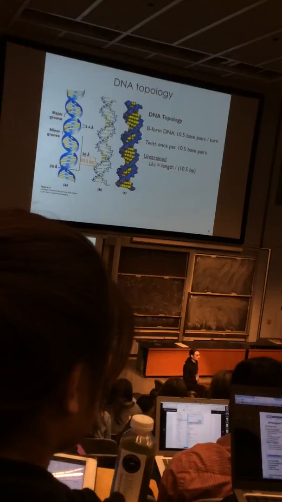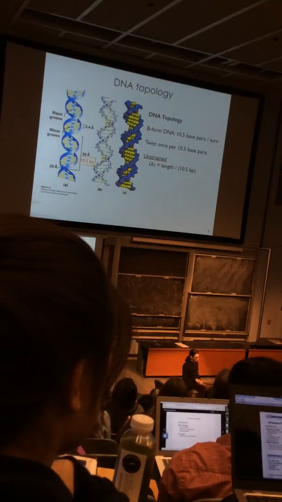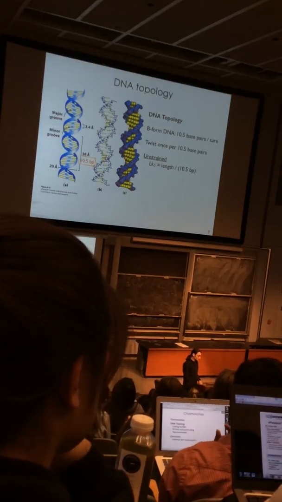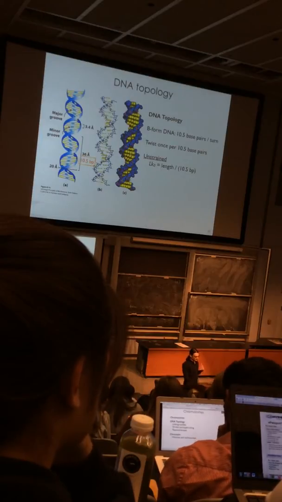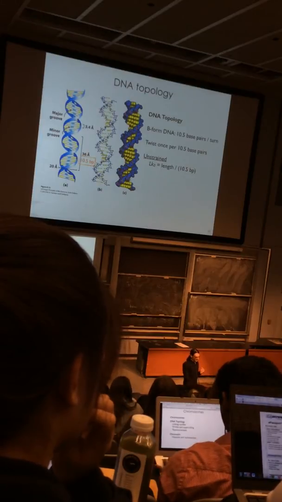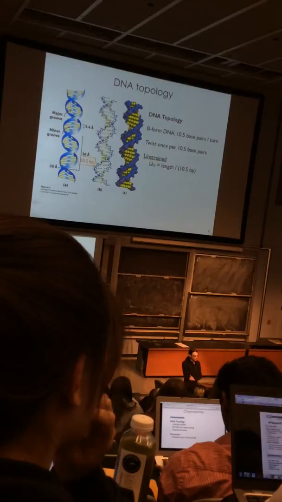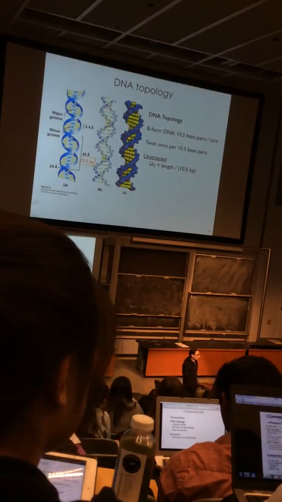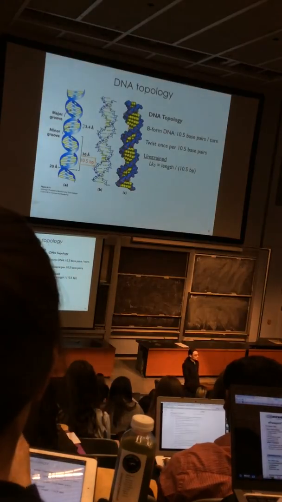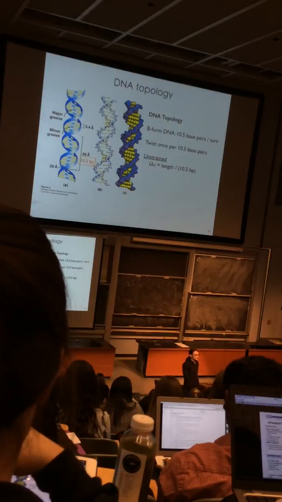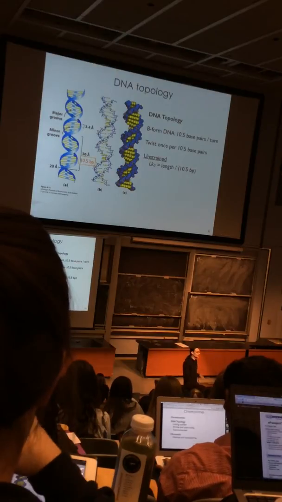And to remind you of a couple of the most important physical parameters of DNA, first of all, it's a right-handed double helix, and B-form DNA has 10.5 base pairs per turn. It actually costs a lot of energy to distort DNA away from this 10.5 base pairs per turn.